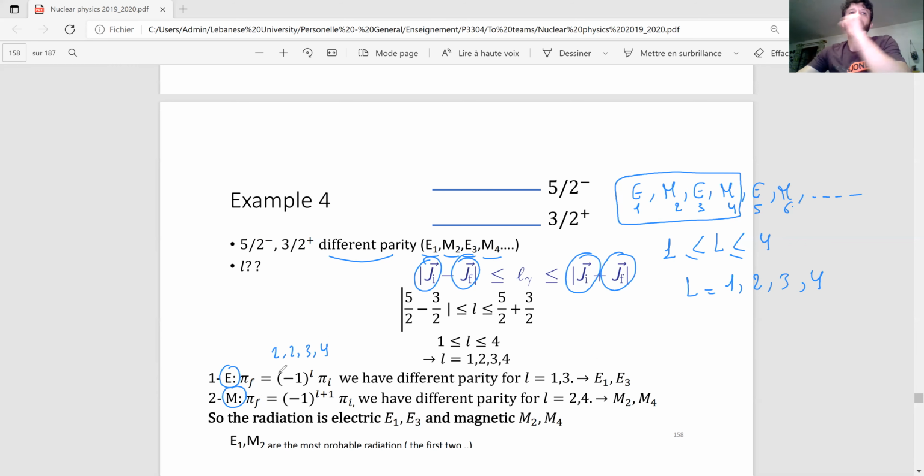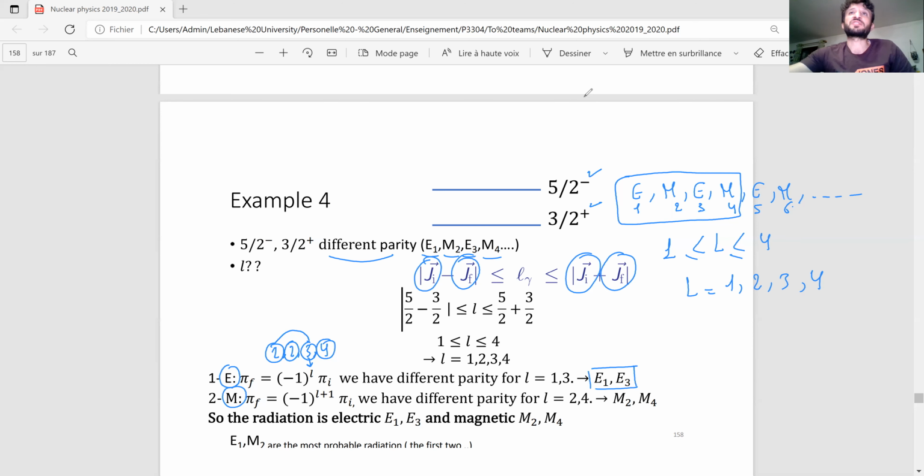If I put L equals 1 and 3, we get pi final equals minus pi initial, so we have the right condition, the opposite parity. If I put L equals 2 and L equals 4, we get pi final equals plus pi initial. It's not the condition. So only the odd values, L equals 1 and L equals 3, respect the condition. In this case, we have only E1 and E3.